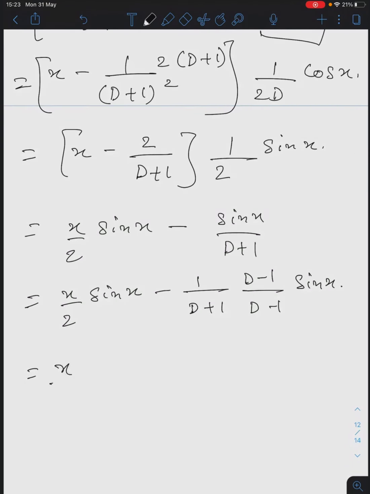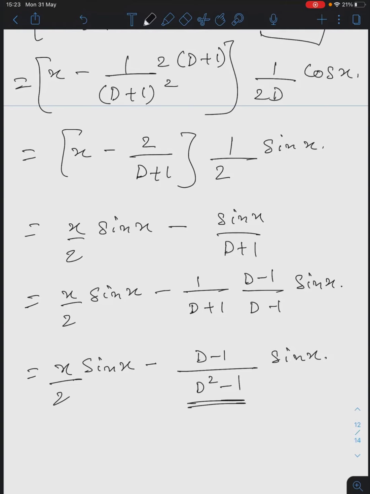Or the other method is the most general formula: 1 by D plus alpha when applied on some function, you had a formula e to the power alpha x, integration Q of x into e to the power minus alpha x dx. That formula also you can apply. So this will be D minus 1 as it is, and in the denominator you will have D square minus 1, on sin x.